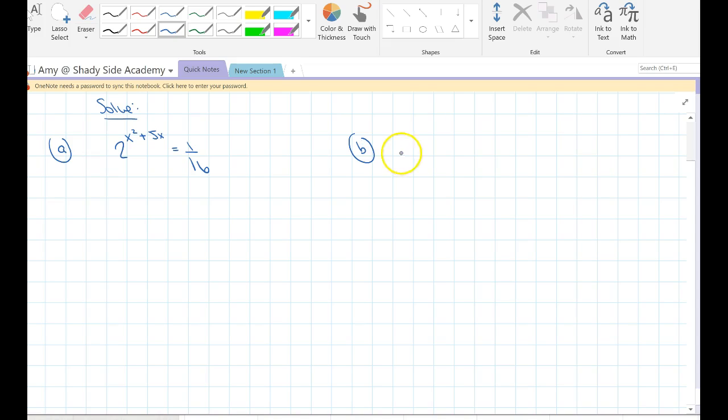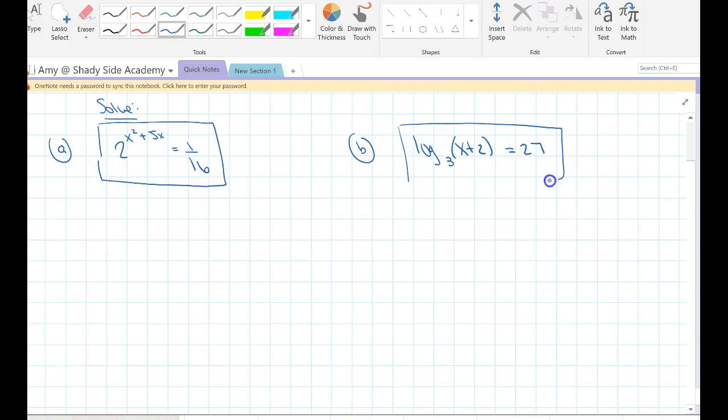Let's see. Okay, so the first thing we're going to do here, when we look at these two equations, this is your first introduction to solving equations that are exponential and logarithmic. So exponential equations: how do you know when an equation is exponential?